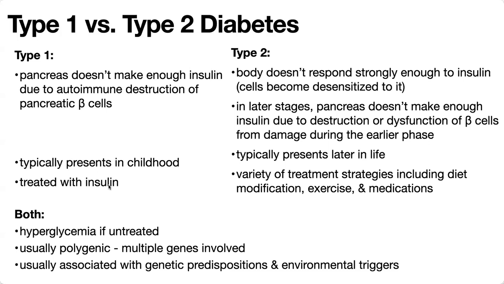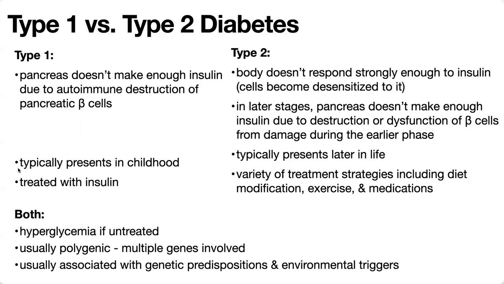But then if there's some sort of external trigger, maybe weight gain in the case of type 2 diabetes, or maybe a virus infection that triggers the autoimmune response, or various other environmental factors, that can come into play. Even if people are identical twins, they might have a really high likelihood of both getting the disease. If one has it, the other has a high likelihood of getting it, but it's not absolute because there are environmental factors.